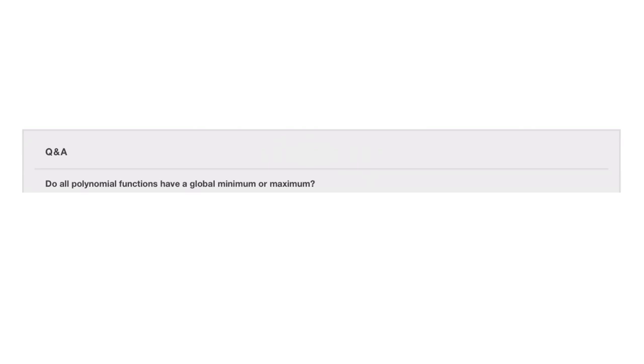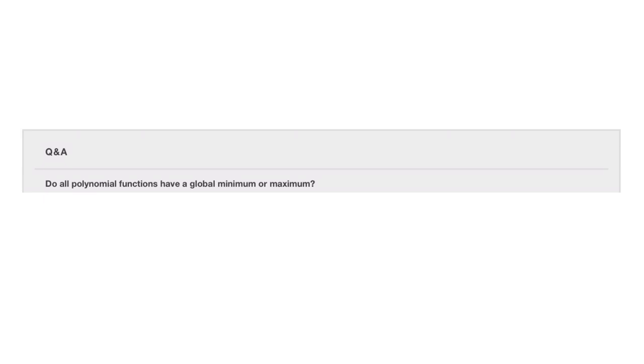Do all polynomial functions have a global min or a global max? I would say no, because if it's an odd degree polynomial, that means it's going to go in opposite directions forever, right? So there's not going to be a global max and a global min. You might have some local max and local mins. But when you're working with an odd degree polynomial, you won't have a global max or min.